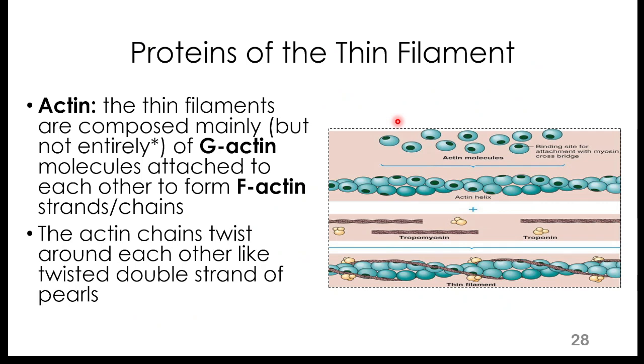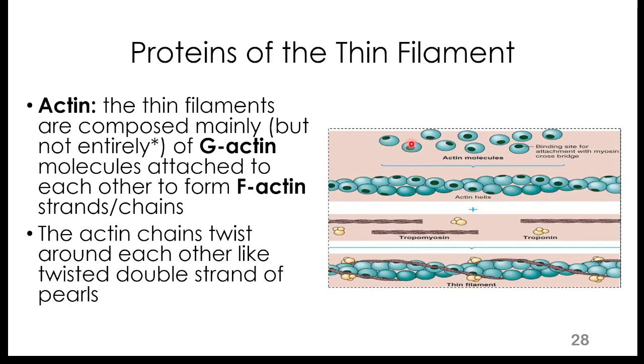Okay. So now, let's talk about the proteins of the thin filament. Yes, we have the actin, which is composed mainly of G-actin molecules, which attach to each other to form F-actin strands or chains. All right. So, an illustration of what we are talking about is here.